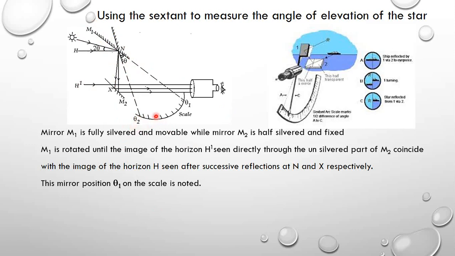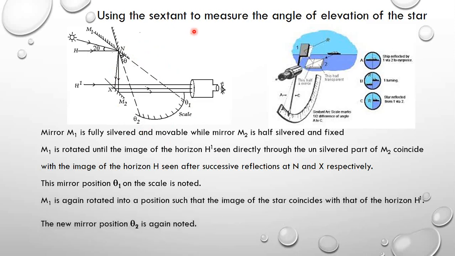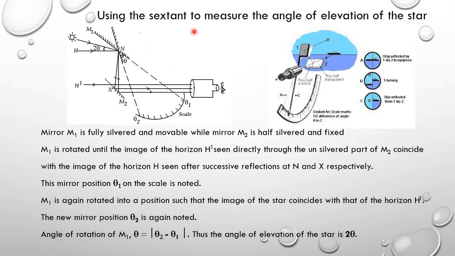When we measure that position, and we also have this position θ1, for us to get the angle of rotation theta, it will be the difference between θ1 and θ2. That difference will be the angle of rotation here, theta. After getting that angle theta, we shall conclude that the angle of elevation of the star is twice theta.